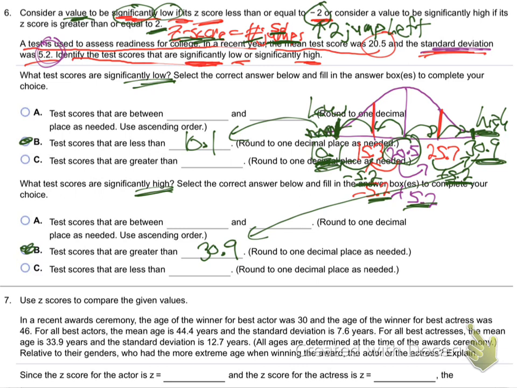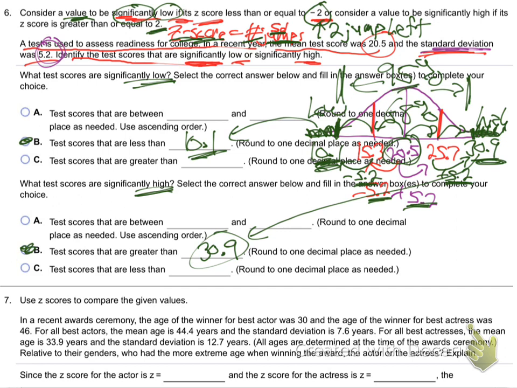So any score below 10.1 is significantly low, and any score above 30.9 is significantly high. Two jumps above or below is significantly high. Why? Because we just saw in the last problem that 95% of all people on a bell curve are between two jumps left and right. 68% are within one jump left and right of the middle. 95% are within two jumps left and right of the middle.